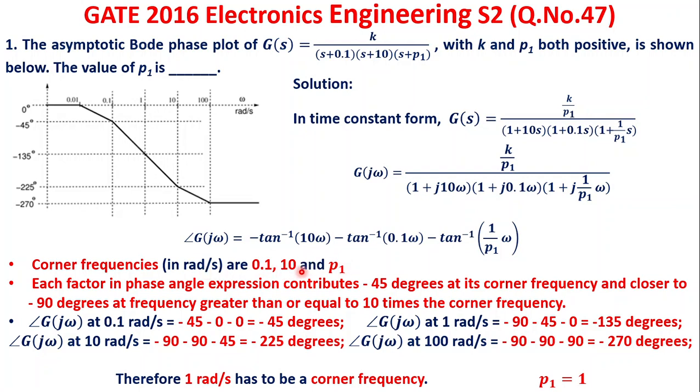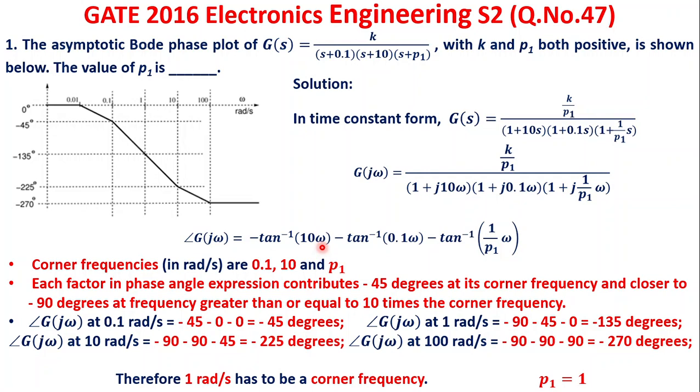And we know very well from the Bode plot of individual factors that when we have a 1 by 1 plus sT factor, minus tan inverse of omega T will contribute a phase angle of minus 45 degree at the corner frequency, and close to minus 90 degree at 10 times the corner frequency. And when the frequency is more than 10 times the corner frequency, there also it is minus 90 degree.